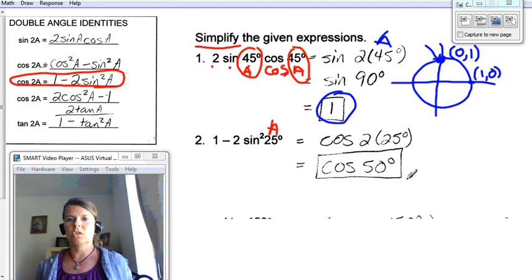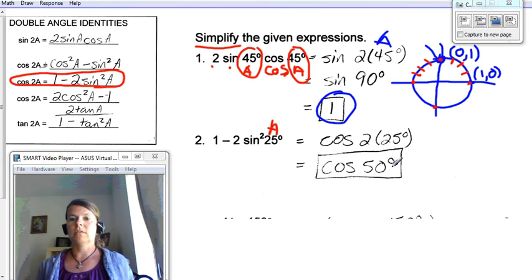And notice they didn't change it because cosine of 50 degrees isn't one of my quadrantal angles, which are these angles right here. These are called quadrantal. Hopefully you know that. And then usually 30, 45, 60 are your main angles, and then you get over here, you go 120, 135, 150.